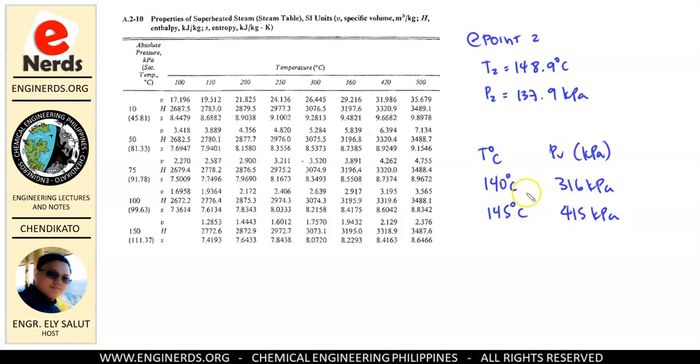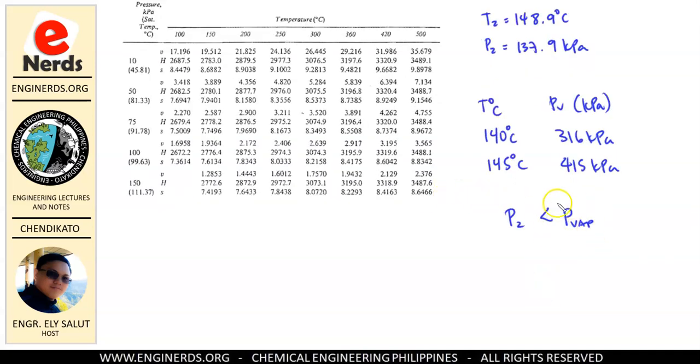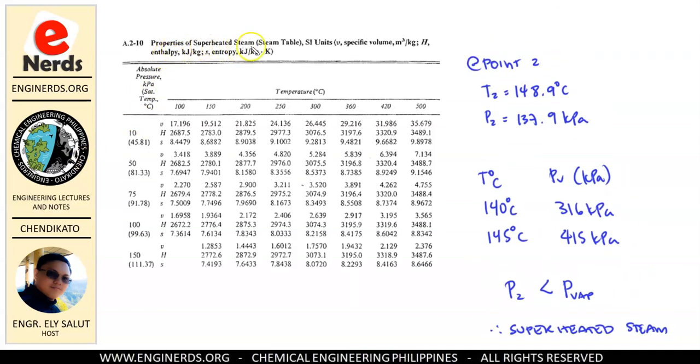So, as you can see dito, at 148 degrees Celsius, our pressure is 137.9 kilopascal only. Samantalang ang vapor pressure is 316 kilopascal. Therefore, our P2 is actually less than our vapor pressure. So, in that case, it tells us that on this given pressure na mababa, mataas ang ating temperature. Therefore, we have here superheated steam. That is why we are going to use the superheated steam table.